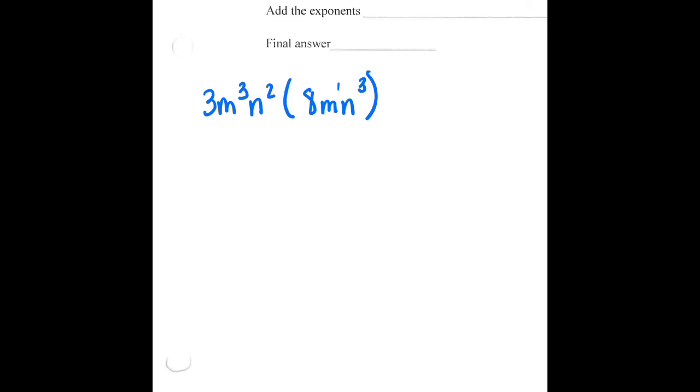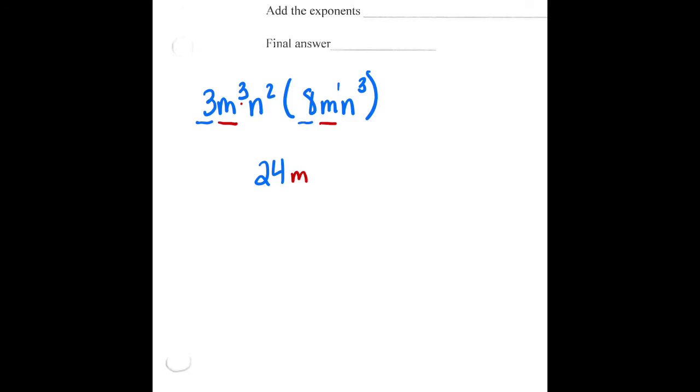Now the first thing we do with product rule is we are going to multiply our numbers in front. So 3 times 8, which is 24. Then we are just going to work with each variable individually. So we have an m and an m. So we're going to combine those into one base m, and then we are going to add our exponents.